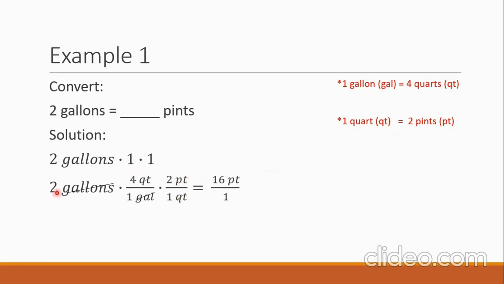I will multiply these 2 with the 4 with the 2, and I will get 16 pint. Of course, I will include my unit all over 1. Or I can remove that 1, so the final answer is 16 pint. So 2 gallons equals 16 pints.